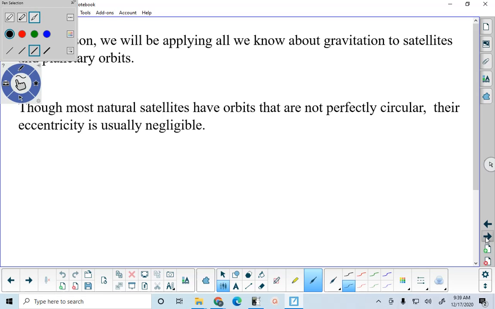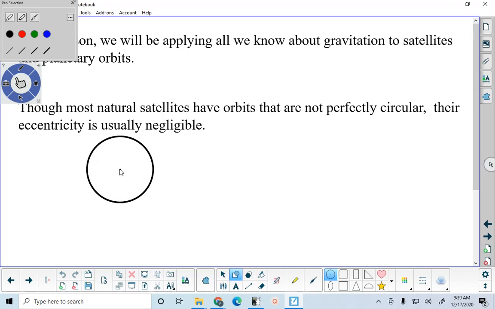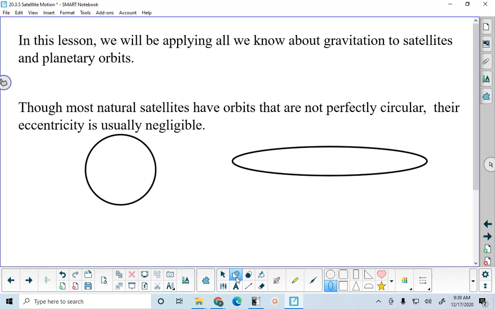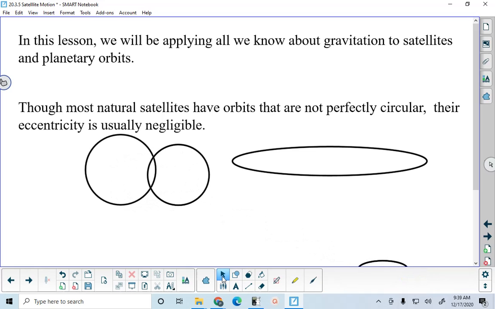If you have a circle, there is 0 eccentricity. If you have what's called an ellipse, there is a high degree of eccentricity. A circle that looks like this is not quite a circle.